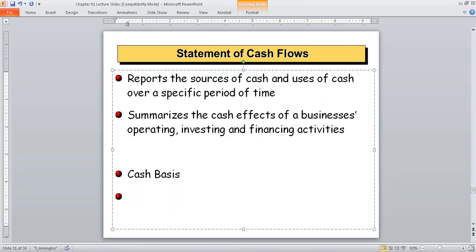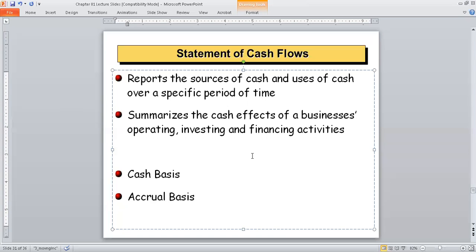The income statement, the retained earnings statement, and the balance sheet follow what we call the accrual basis. And we'll be talking a good bit about cash basis versus accrual basis over the next several chapters. They're two very, very different ways of looking at the world.